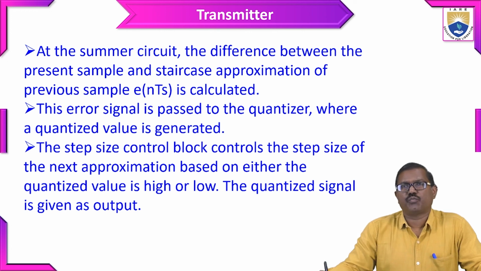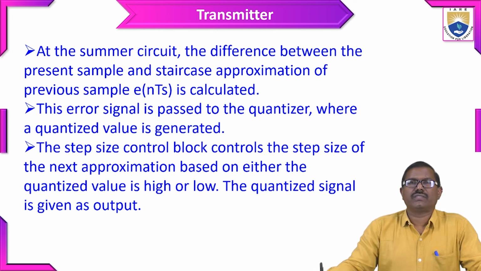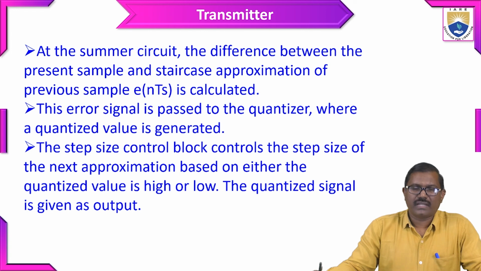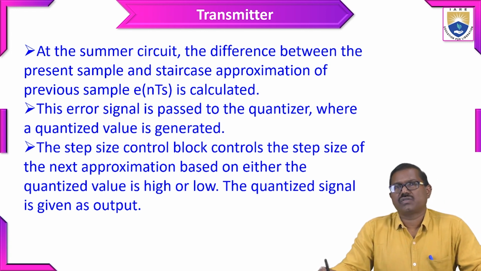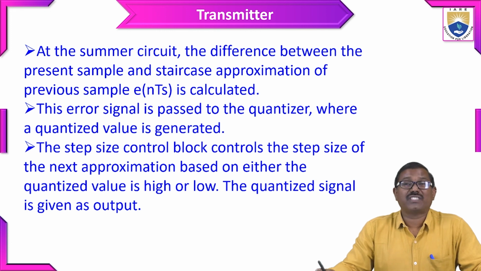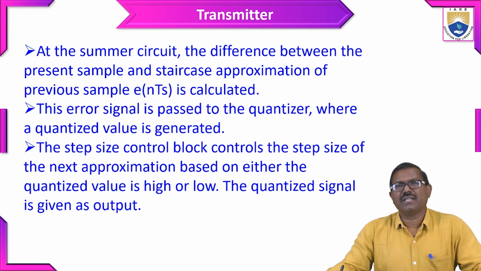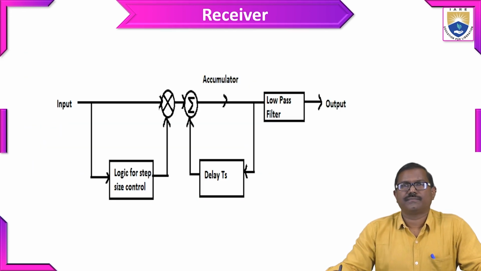This error signal is passed to the quantizer, where the quantizer value is generated, and the step size control block controls the step size of the next approximation based on whether the quantizer value is high or low. So the quantizer output is given as output. The quantized signal is given as output.